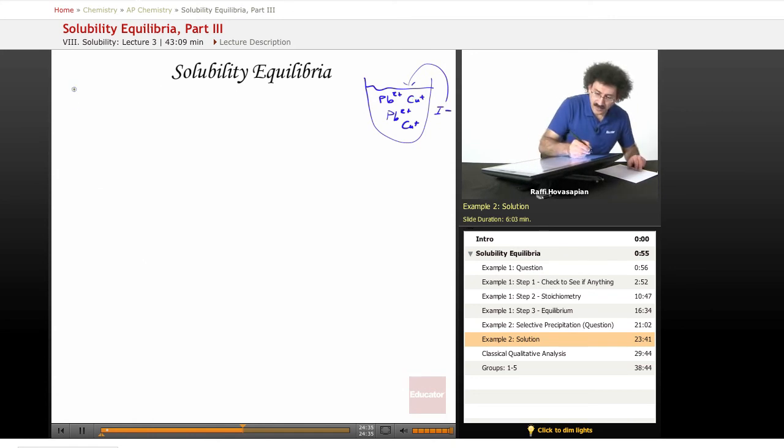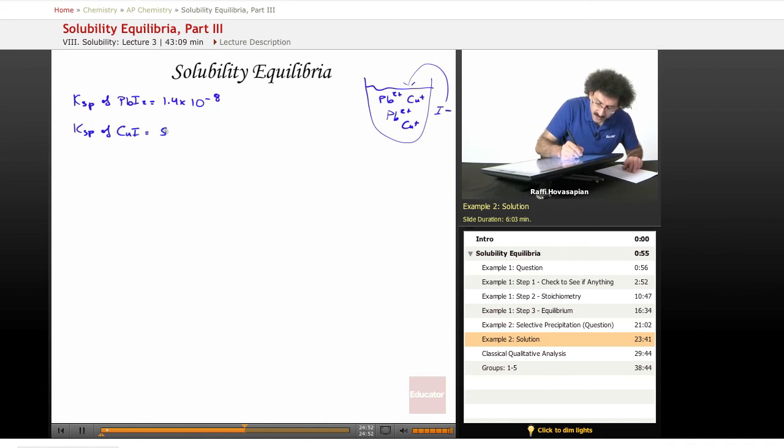Okay, so let's go ahead and write the KSPs for these. KSP of PbI2, just as a reference, is 1.4 times 10 to the negative 8. And the KSP of CuI is equal to 5.3 times 10 to the negative 13. Now you might think to yourself, well, wait a minute, why can't we just compare?